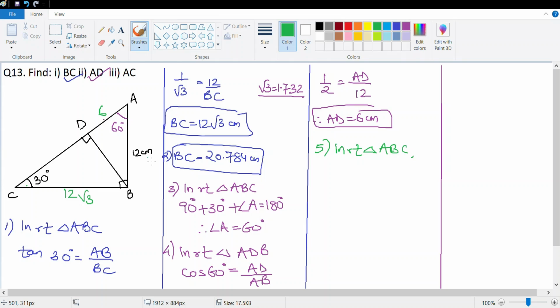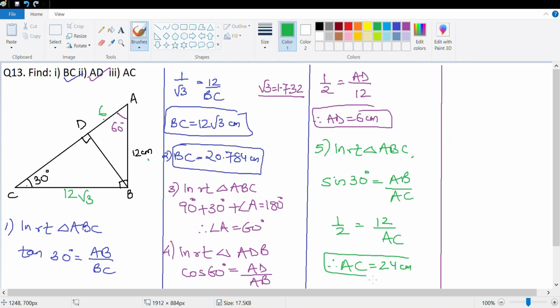This is perpendicular, this is hypotenuse, so I'm looking at sine. So sine 30 degree is equal to AB upon AC. Sine 30 degree is equal to half. So half is equal to 12 upon AC, which we do not know. Therefore, AC is equal to 24 centimeter. Done. We've calculated all three parts.